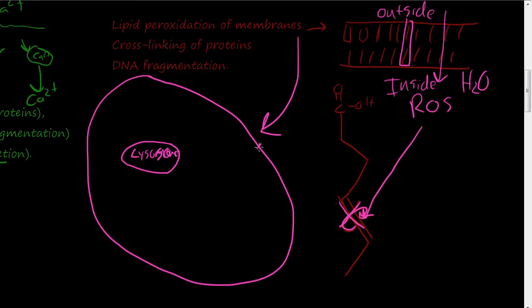And if you have problems with this membrane due to the reactive oxygen species attacking the double bond in the lipids in the cell membrane or in the lysosomal membrane, then these contents will spill out into the cell. These lysosomes contain enzymes.